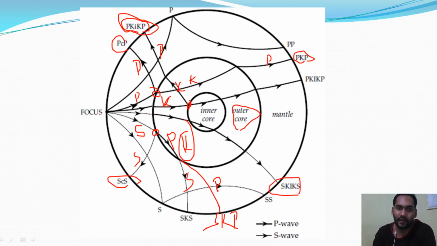When S travels through the mantle, that is S. When it enters the outer core, it will be converted to P, so that is K. Then suppose it is reflected from here, it will be small i, because it is reflected from the outer core, inner core boundary, then it will travel as K. Then when it comes out to the mantle, it can travel as P or it can travel as S, right?